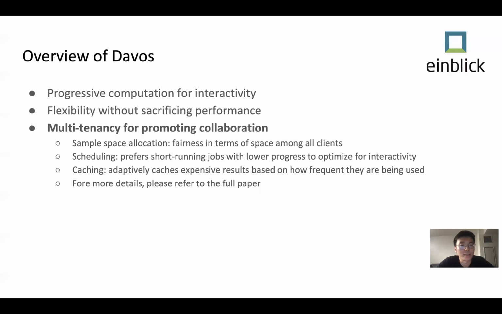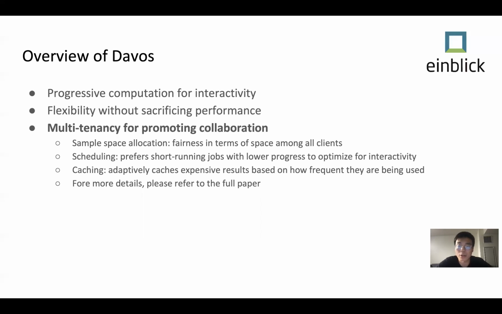The third aspect is Davos' support for multi-tenancy for promoting collaboration. We consider multi-tenancy in many aspects of the system when we design it. Firstly, as we have discussed, we use sampling for large datasets, and we have a sample space allocation algorithm to guarantee fairness in terms of space among all clients.